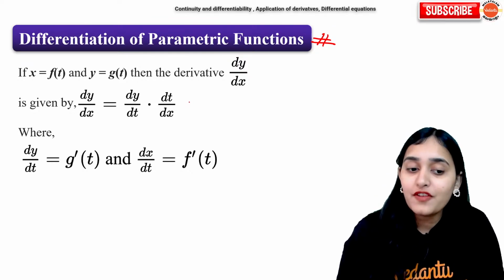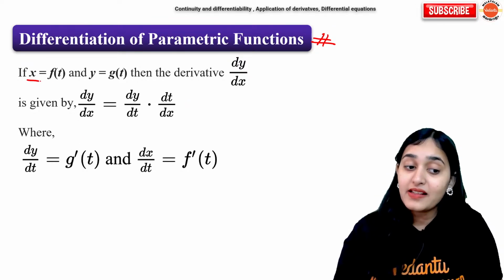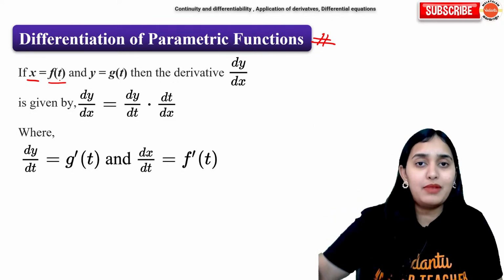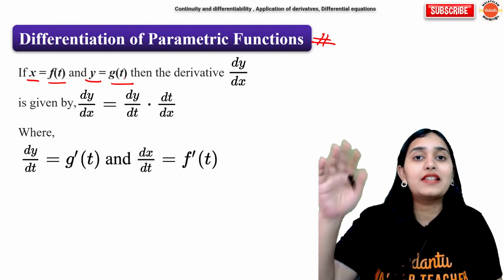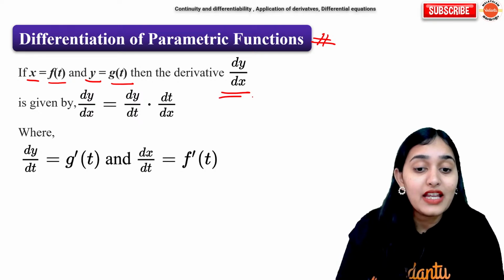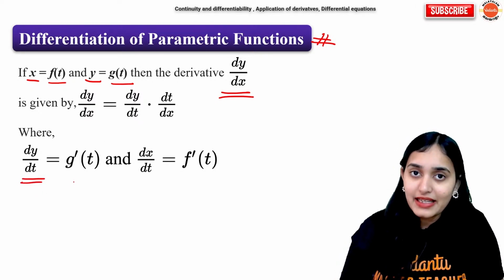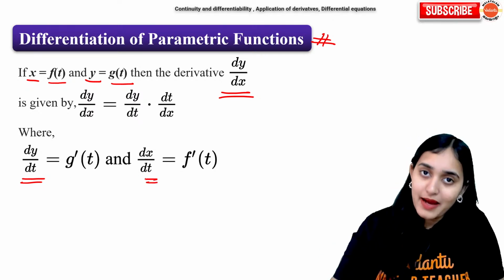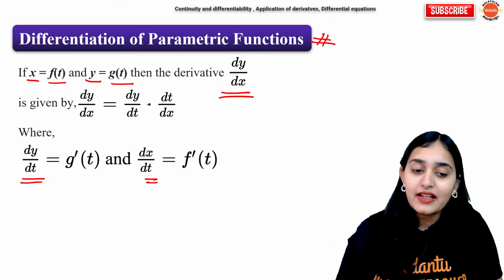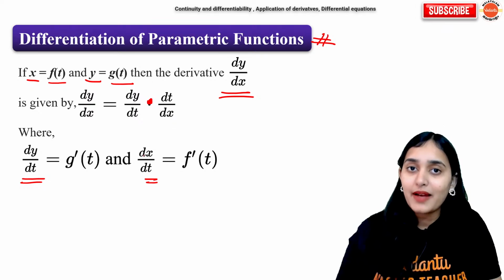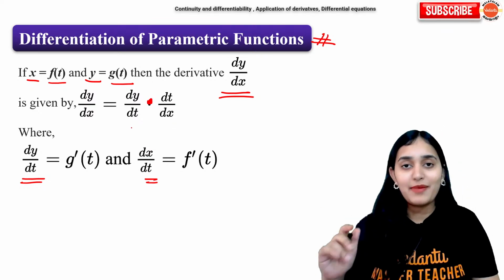Now what is parametric form? Suppose x is a function of some other variable, and y is also a function of some other variable. Then how will you find dy by dx? For this, you find dy by dt, you find dx by dt, and then you divide dy by dt by dx by dt. So you will get dy by dx.